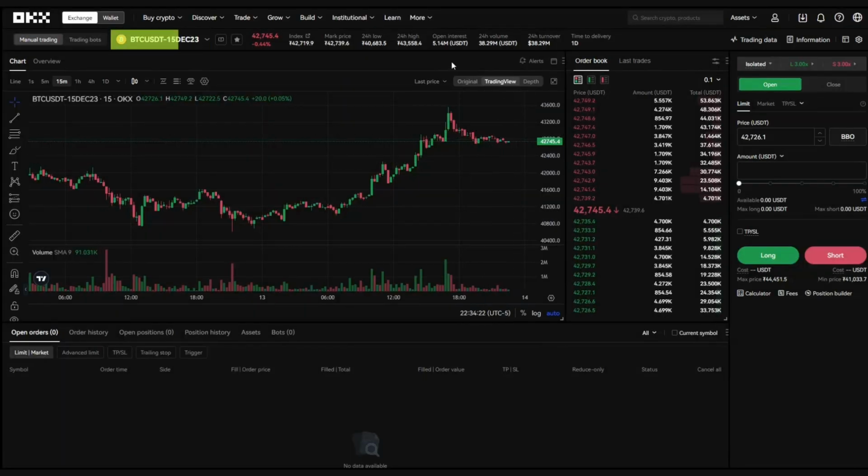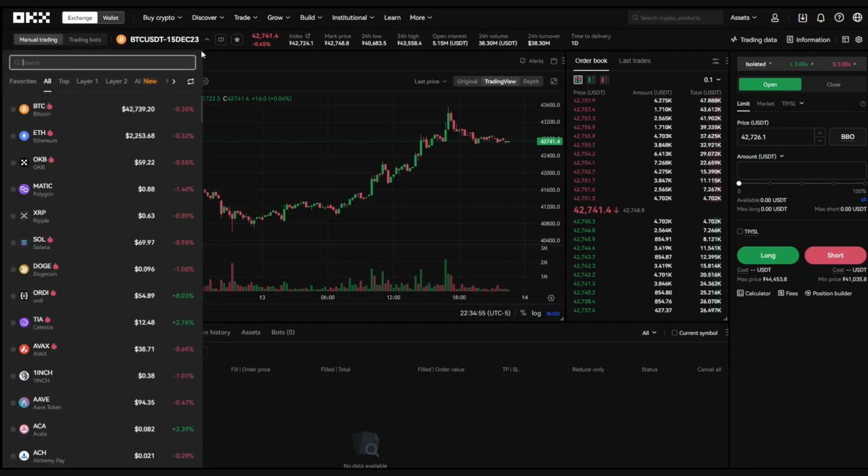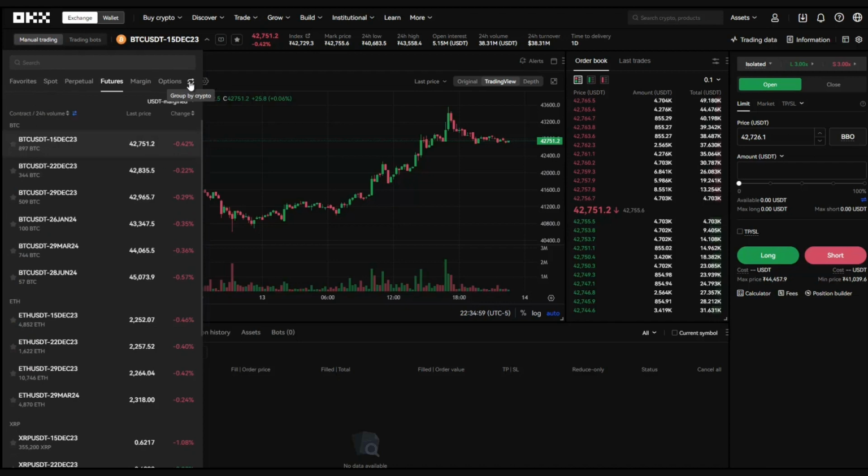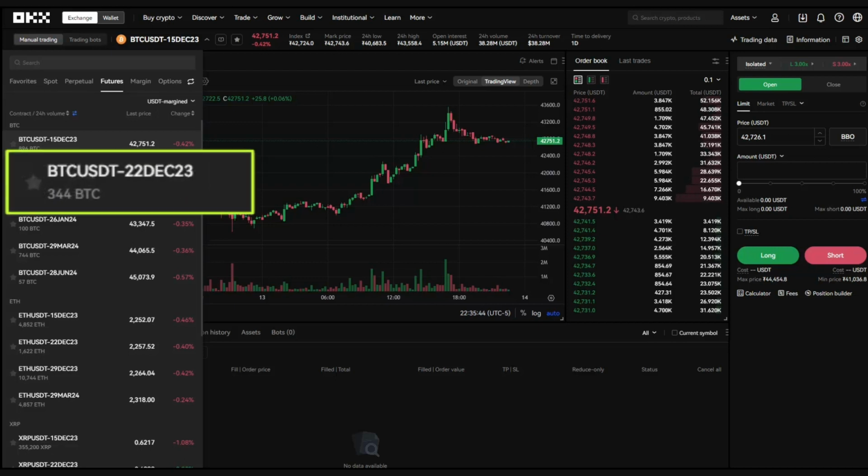Here you will find all the available contracts. Select this icon, Group by Instrument, and they are automatically organized by categories. Here are the futures that have an expiration date and the perpetual futures. In futures that have expiration, the contract names are composed of the pairs that are traded on it and the date on which each contract is closed.